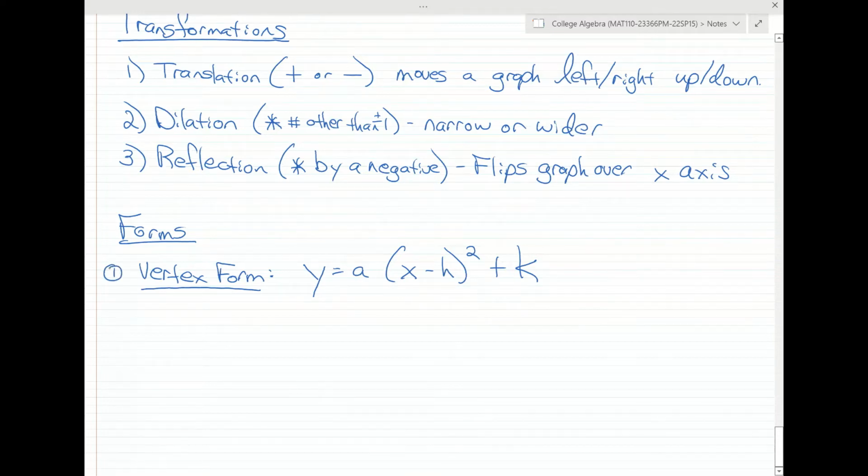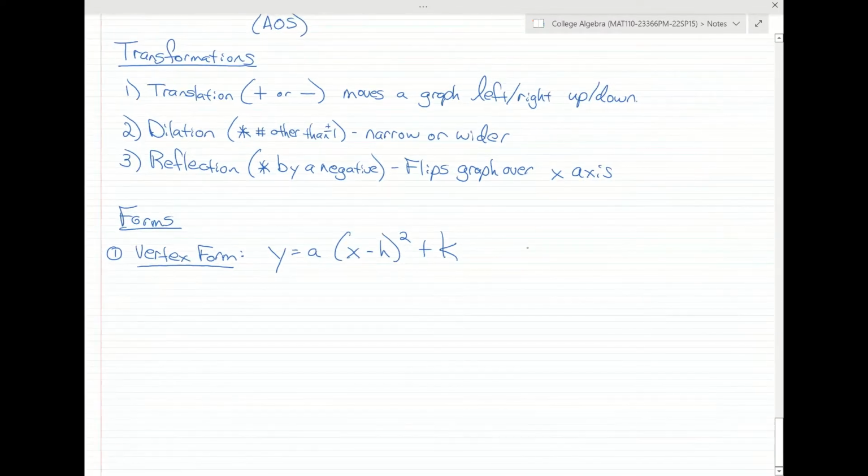That's one form. The other form I'm just going to write on the side here. It's called standard form. Standard form, we write y is equal to ax squared plus bx plus c.